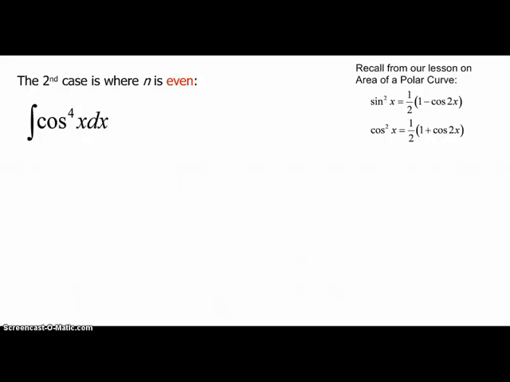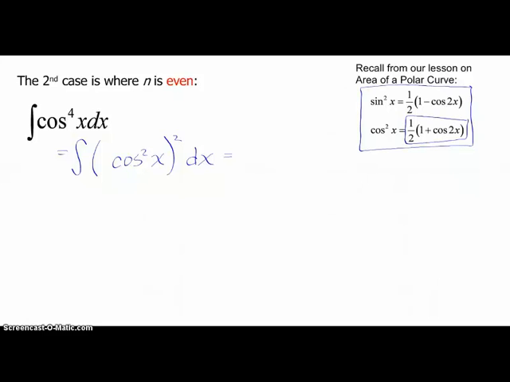And that technique falls back to those two trig substitutions that we used a lot when we were evaluating integrals when we did the area of a polar curve, where sine squared of theta and cosine squared of theta showed up a lot. So this is equivalently written as the cosine squared of x, squared. And so what I'm going to do is come over here, because again, I don't know how to evaluate this integral.